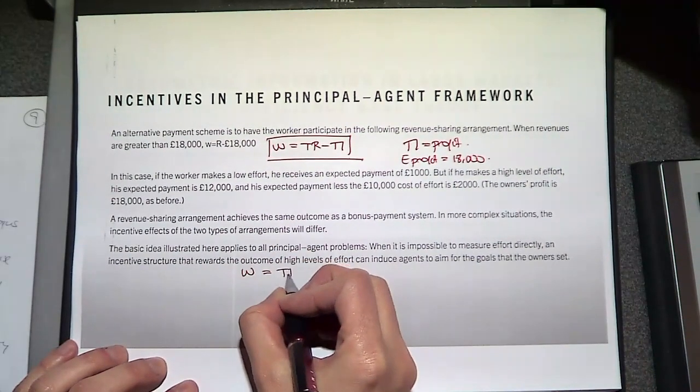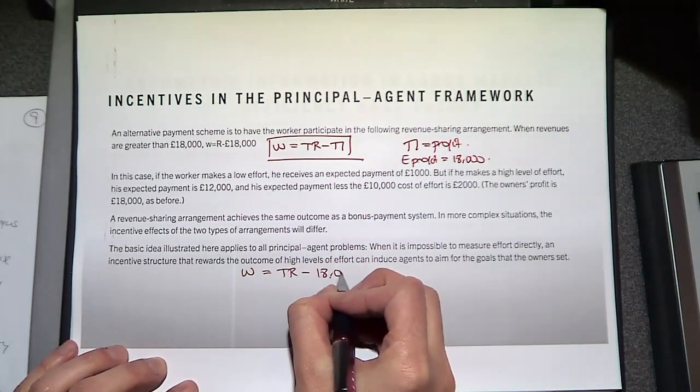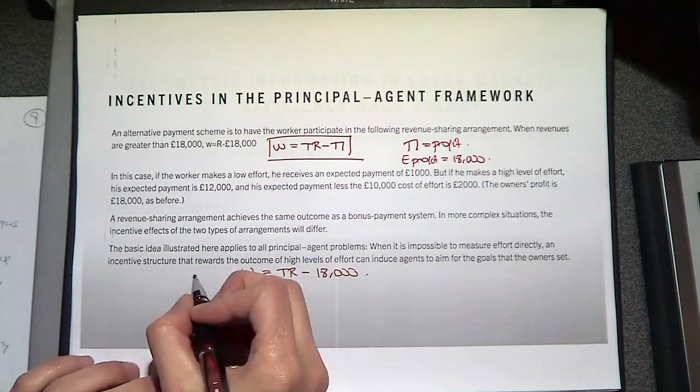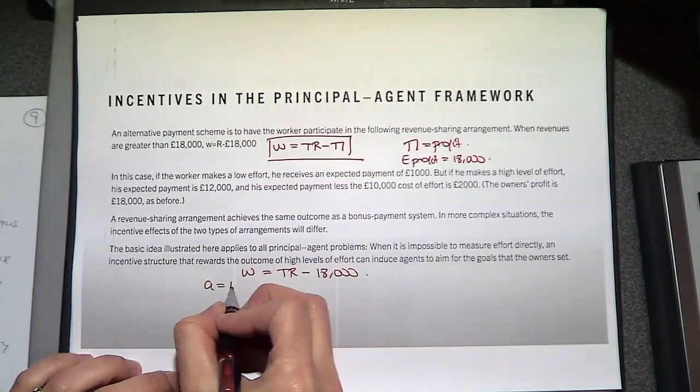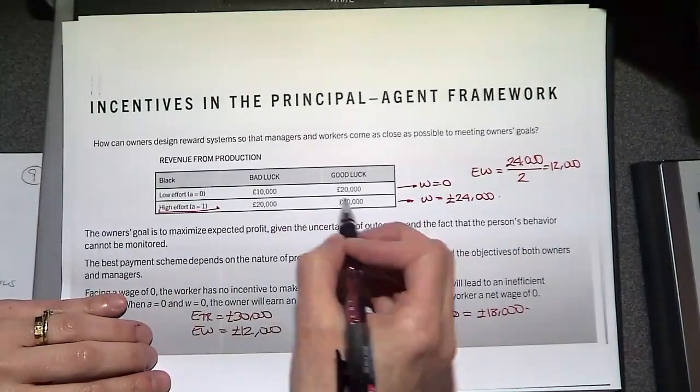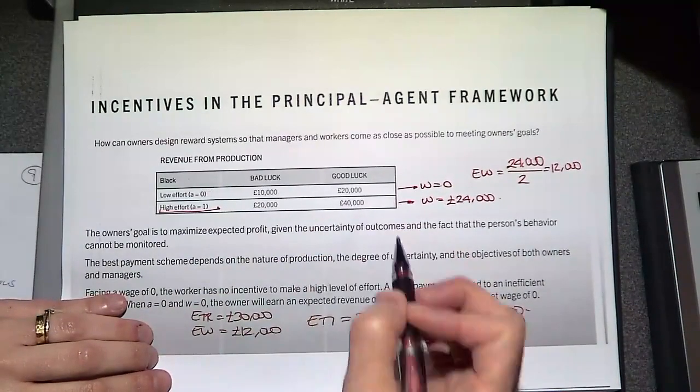Right? So, in this case, if the worker decides to go high effort, we know the expected revenue is 30,000.